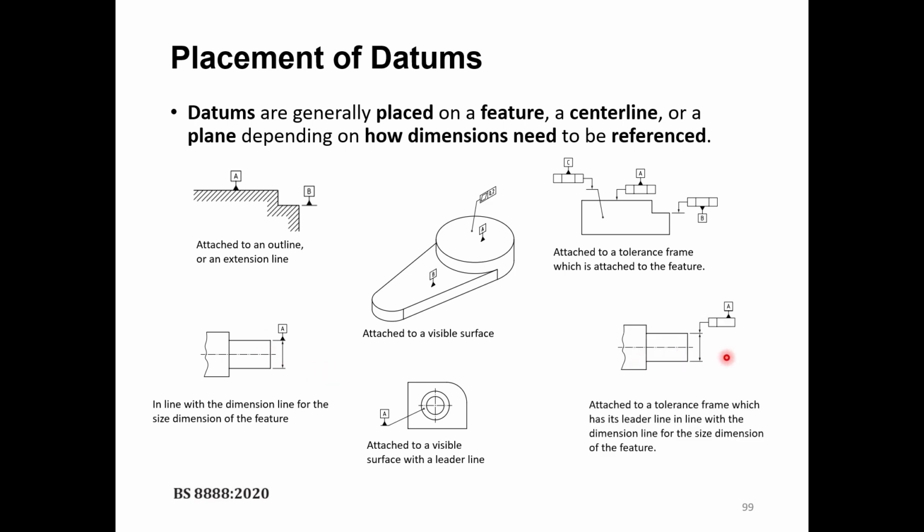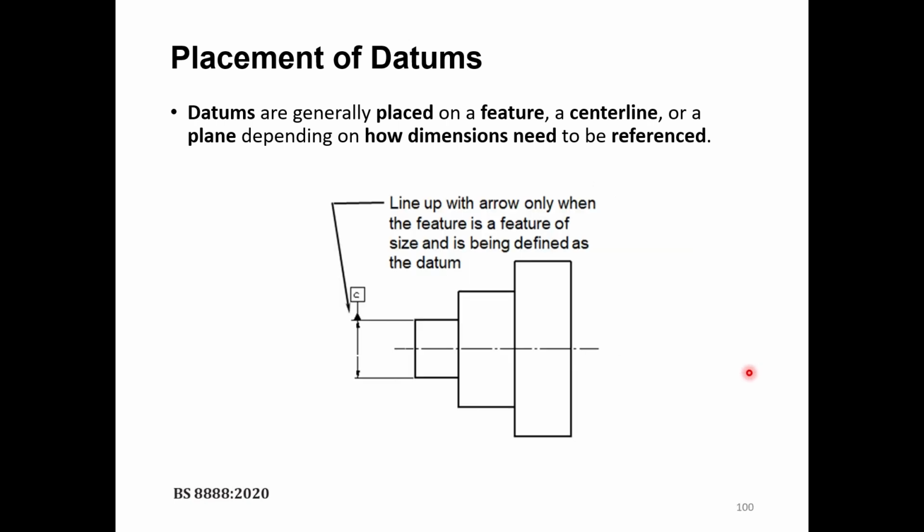Again, here the same, because it is attached to this feature control frame or tolerance frame with this leader line, which is attached to this dimension. So in this case, the center line here is defined as the datum.